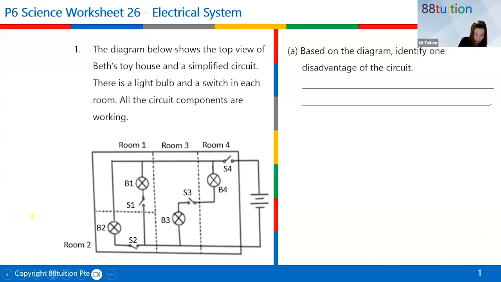Maybe I use a highlighter. All right, so this highlighted part shows you the parts of the circuit where you have the wire, the lamp, the switches, etc. Can you see this? So this is the electrical connection. Okay, this circuit is here. What is the disadvantage of this particular circuit?